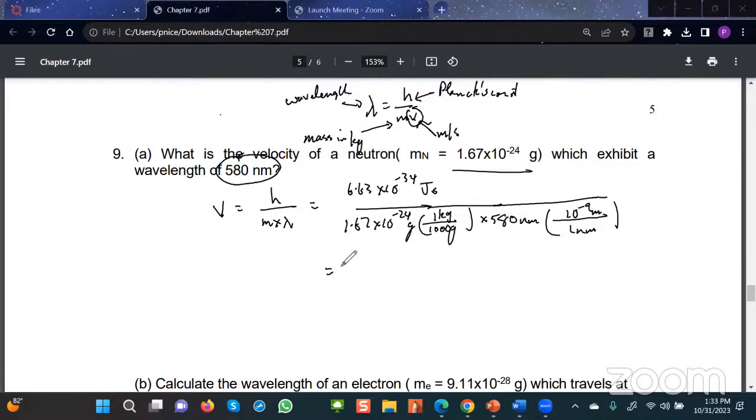And according to my calculations, this works out to be equal to 0. Let me do this again. I keep messing up on these things. 6.63 times 4, divided by 1.67, 580.